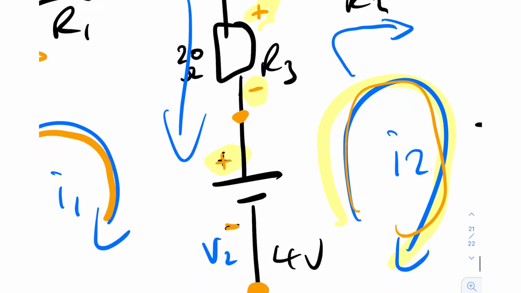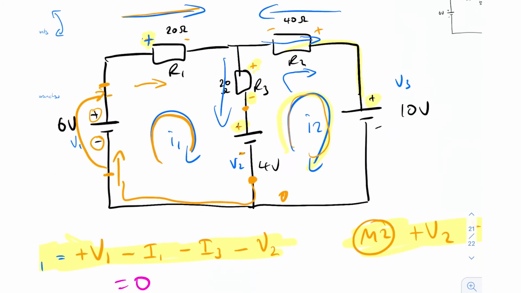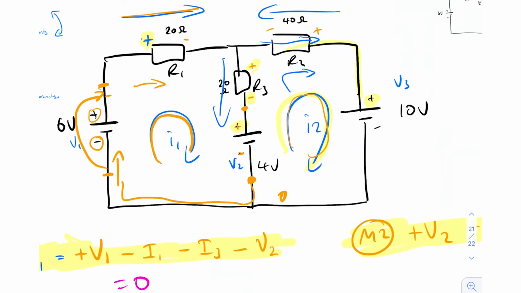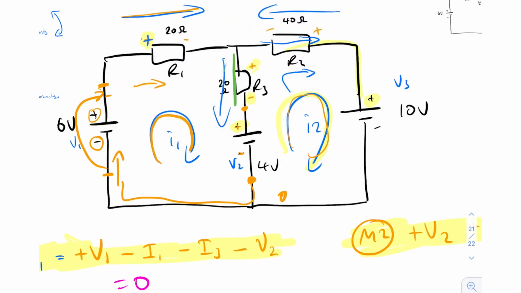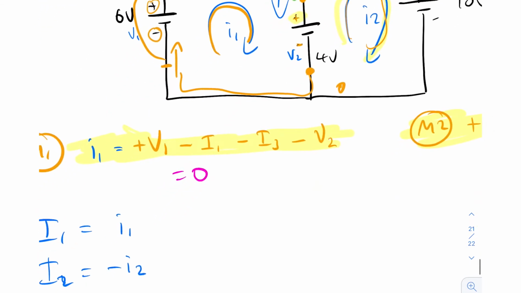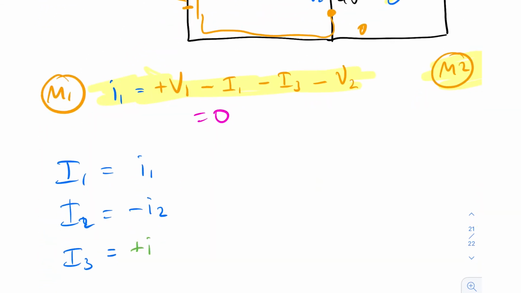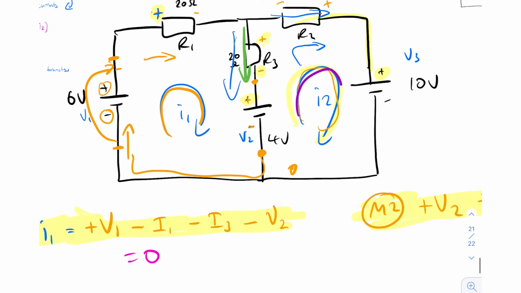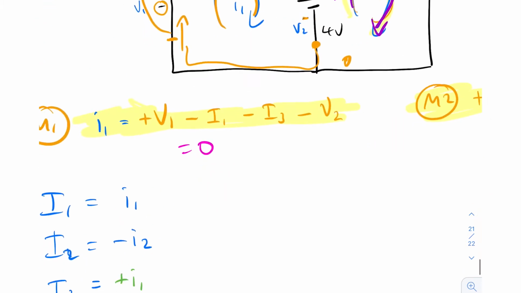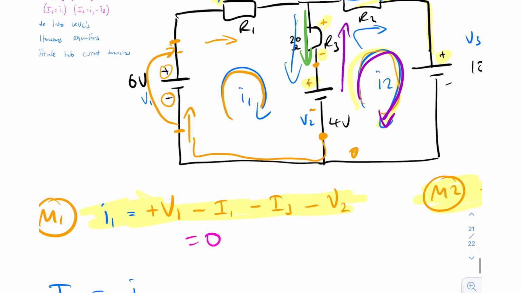Now, finally, I3 in terms of the meshes. If we say that this is I1, it goes through this resistor from positive to negative, so we can say that it's plus I1. And then this mesh here, I2, goes through the resistor R3 from its negative to positive end, even though I keep saying terminal, obviously resistors don't have terminals.